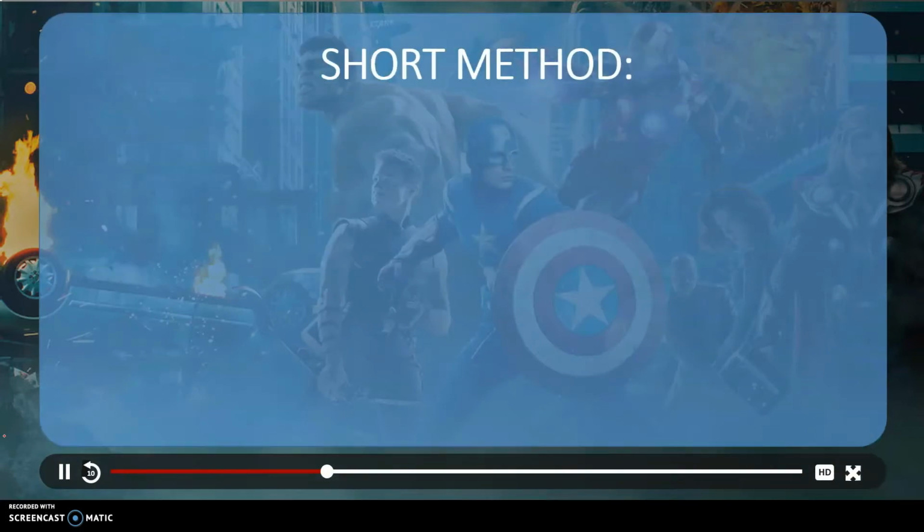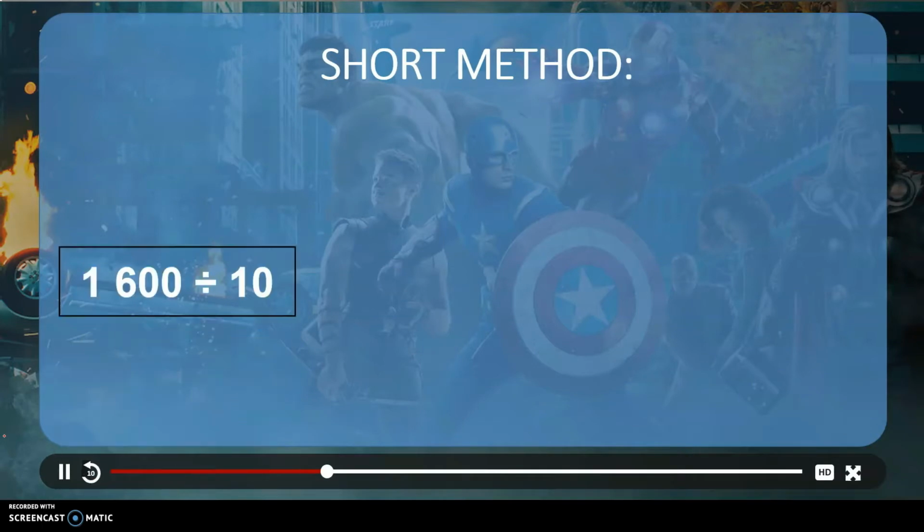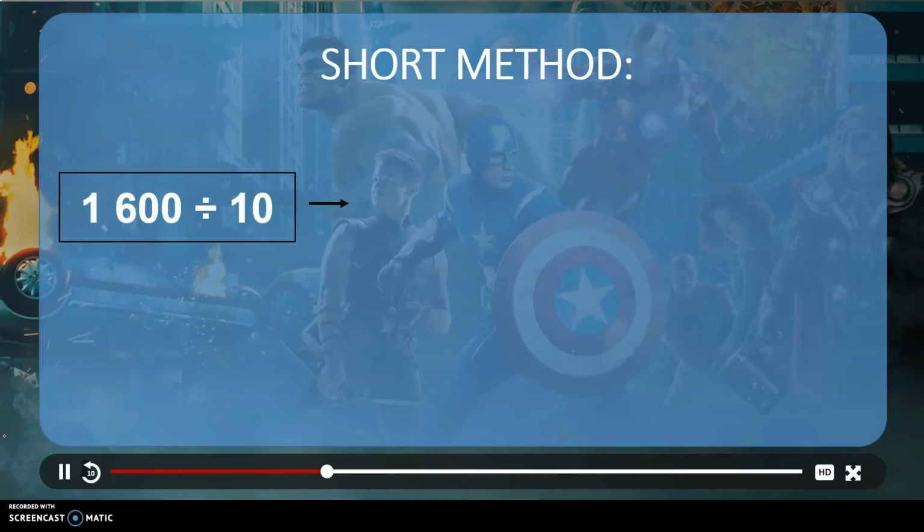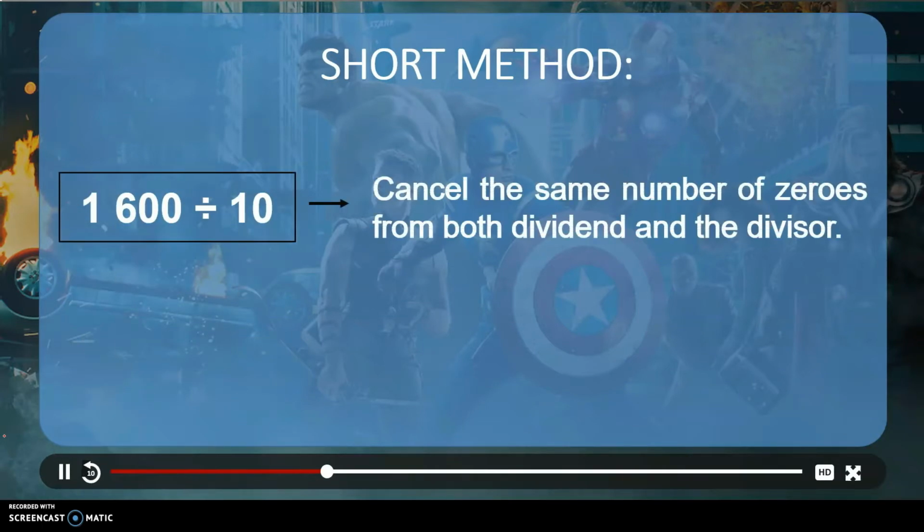First, let's have the short method. To use the short method, first we need to cancel the same number of zeros from both the dividend and the divisor. So, it will be 1 zero from the divisor. Automatically, we'll just cancel only 1 zero in the dividend. Then after that, we will rewrite.